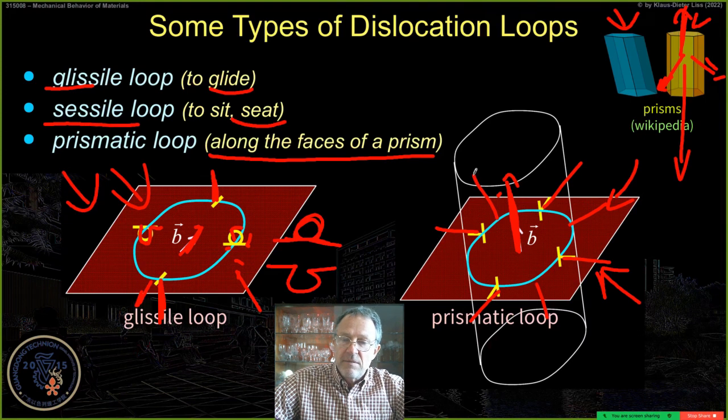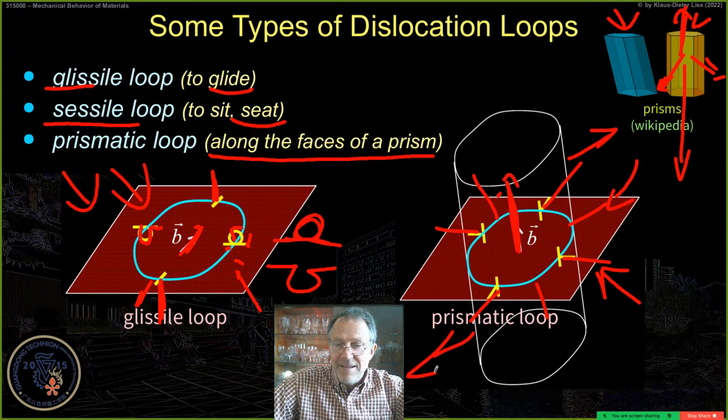Can it move or not? Is it sessile or glissile? It would not move if you put a shear stress like this along the plane. Of course, then it cannot move, because the movement of the dislocation is up and down.